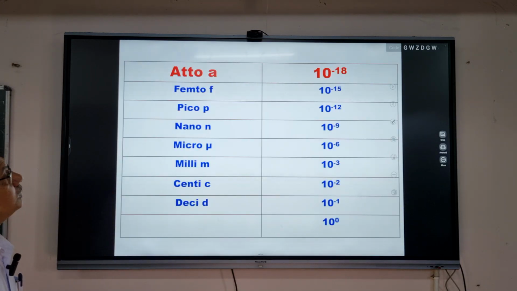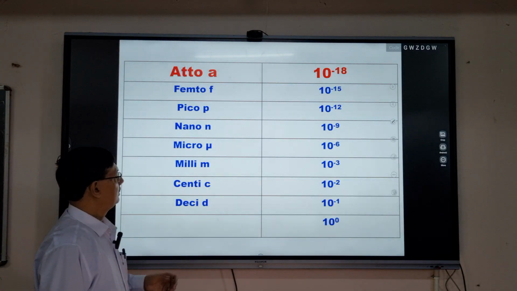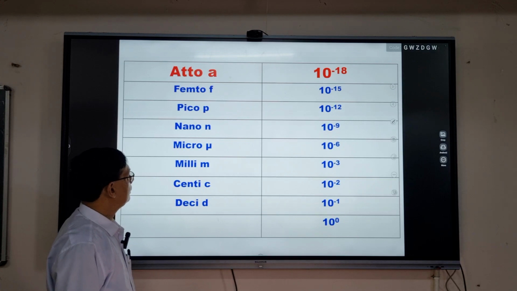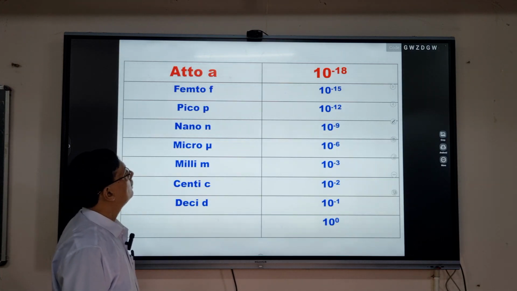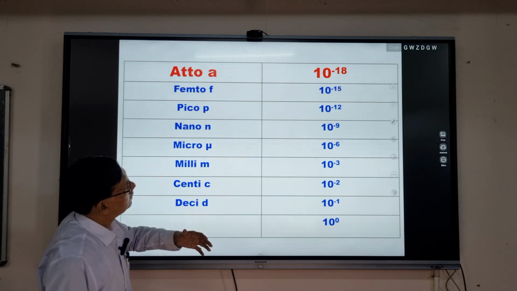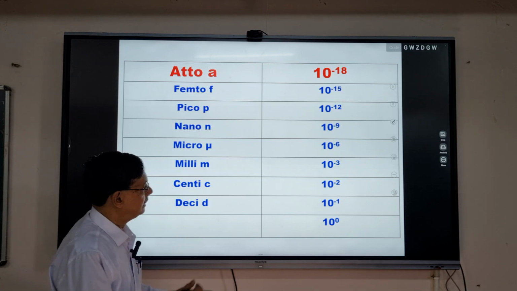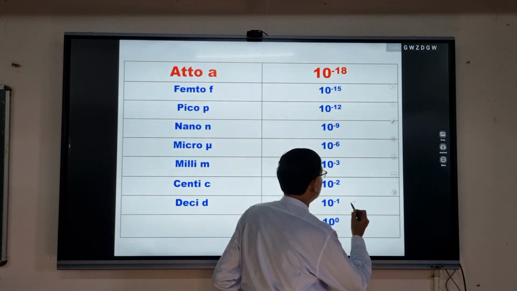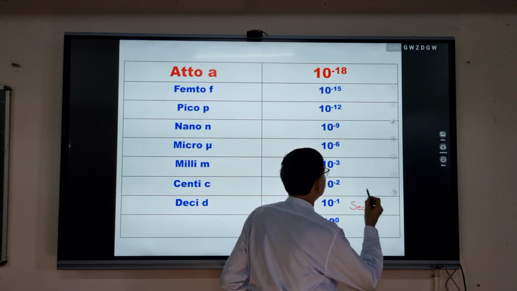Now, as I told you, normally we talk about nano chemistry, milli chemistry, micro, I am talking about this range.